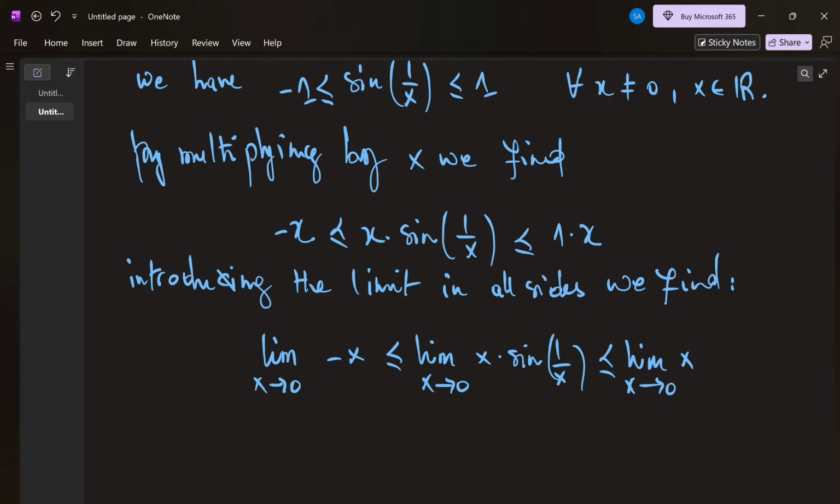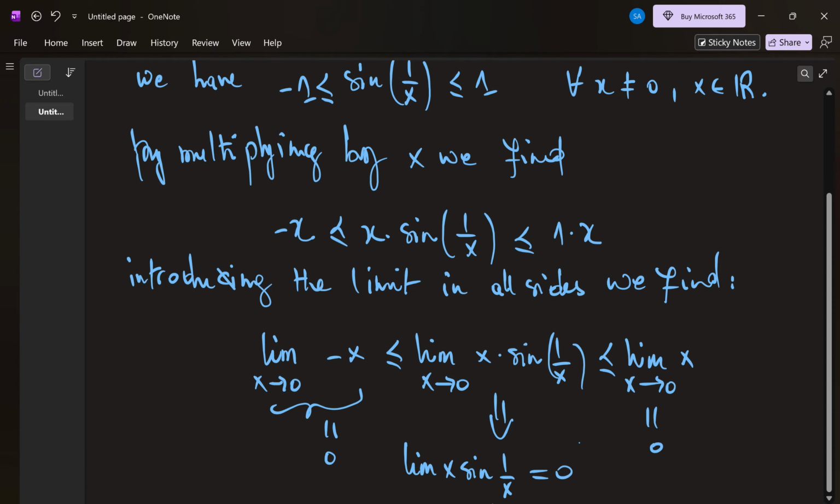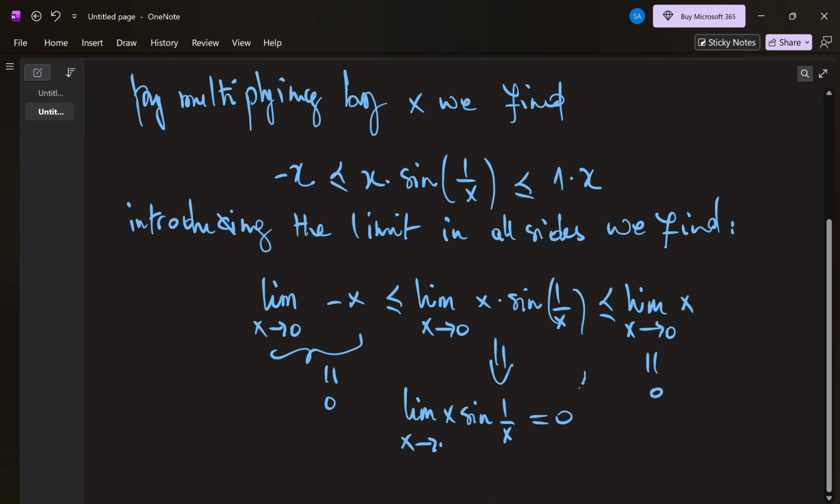Also, this is going to 0 and this is going to 0, which implies that the limit of x sine 1 over x is equal to 0 as x approaches 0.